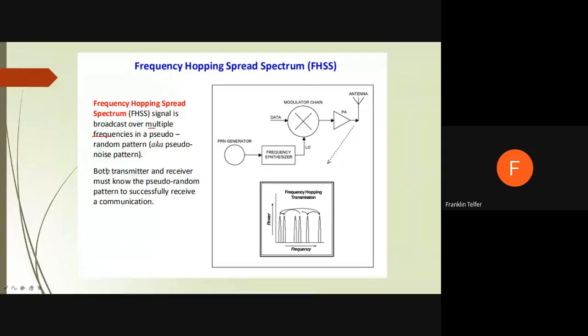Both transmitter and receiver should know the pseudo random pattern to successfully receive. If they do not know the pattern sequence, ultimately this process is wasted. So they should know what kind of random sequence they will be sharing, the same sequence codes, between the transmitter and the receiver.